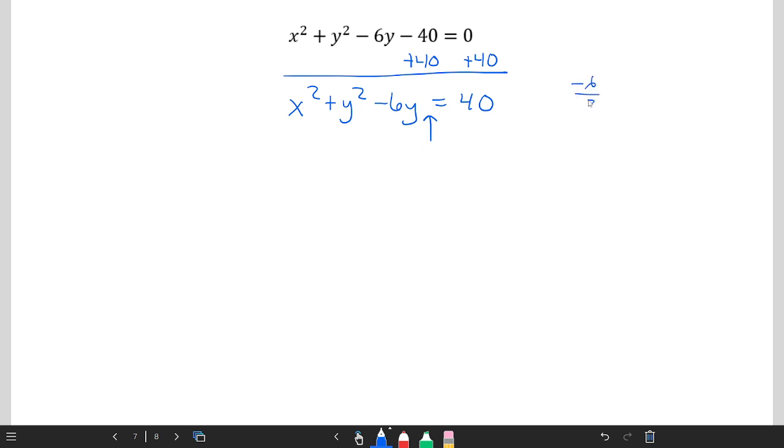So half of b is negative 3. Negative 3 squared is 9. So we're going to need to add 9 so that we can factor the y part. And we need to add it to the right side as well.